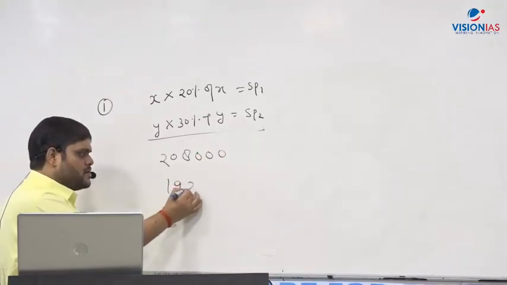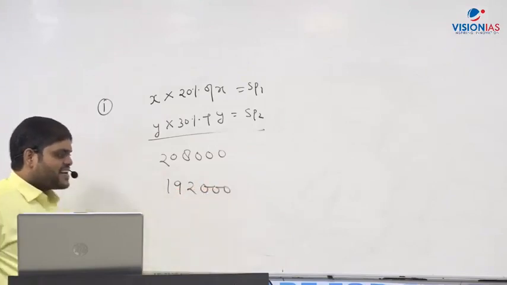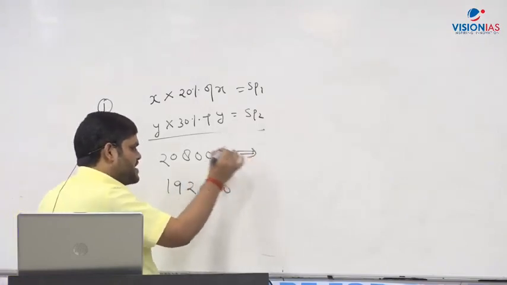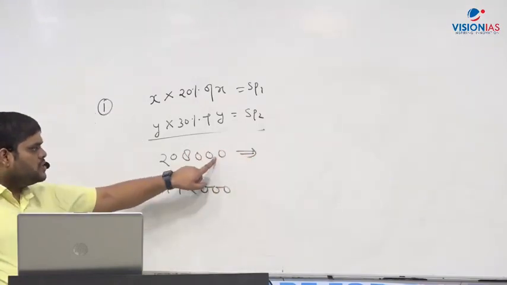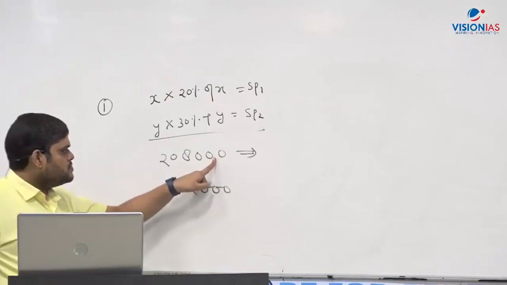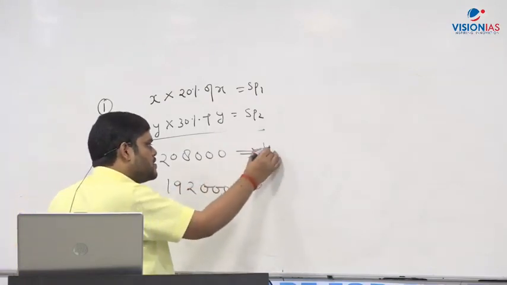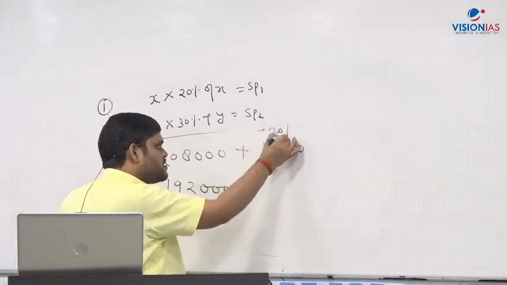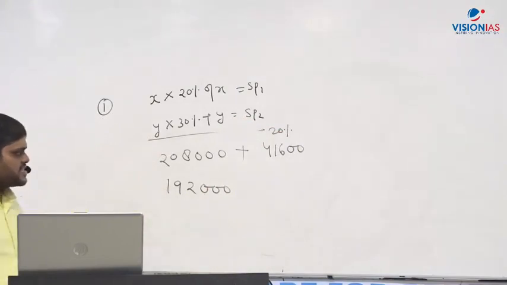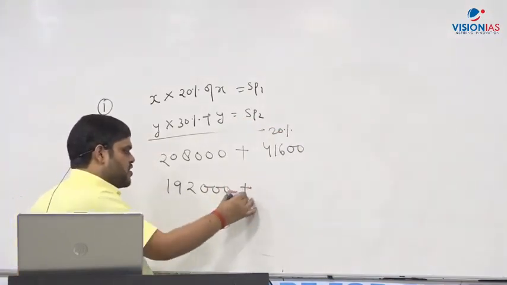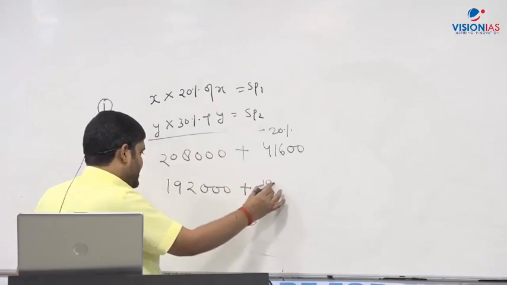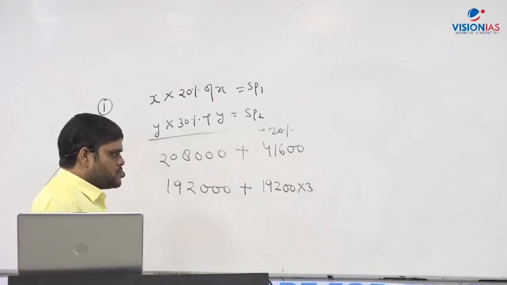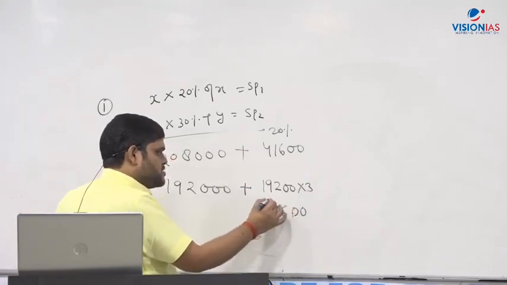Another one becomes 1,92,000. 20% of this becomes 41,600, and 30% of this becomes 192,000 into 3.